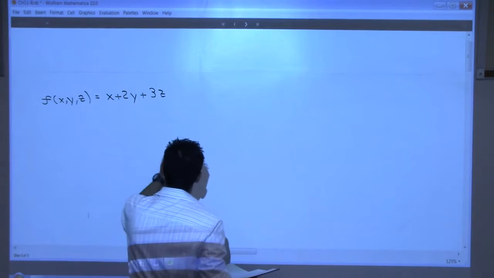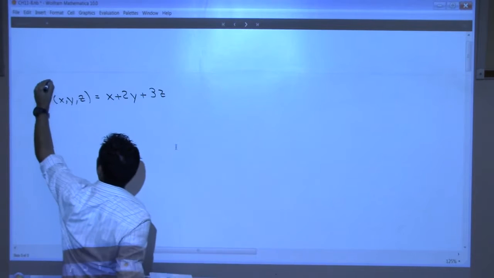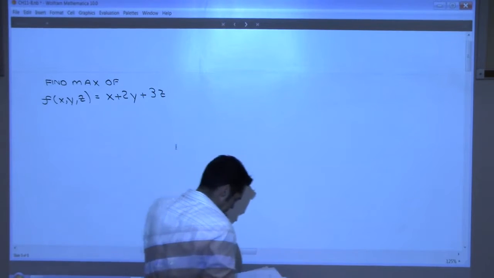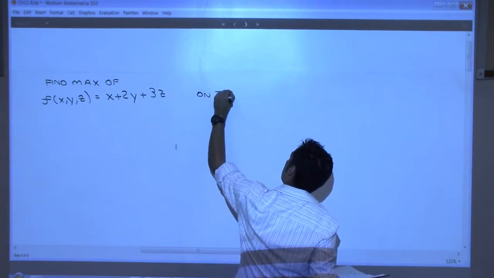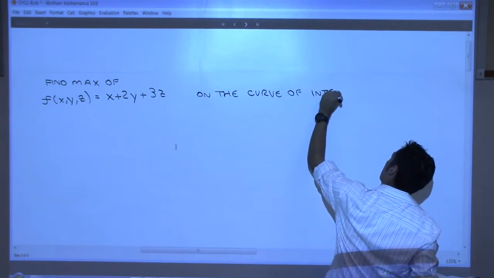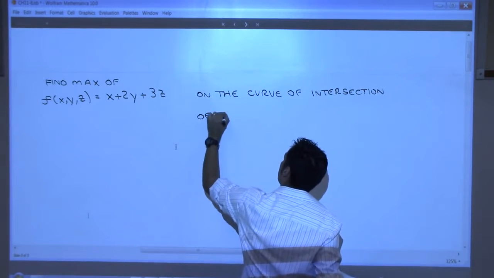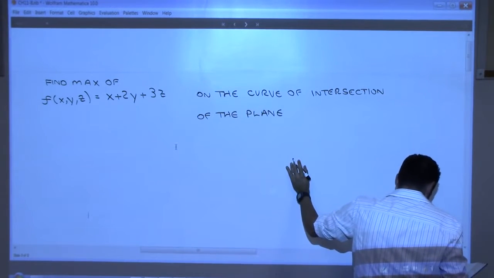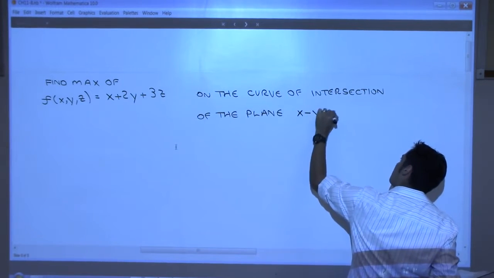It says find the max of this function on the curve of intersection of the plane x minus y plus z equals 1.